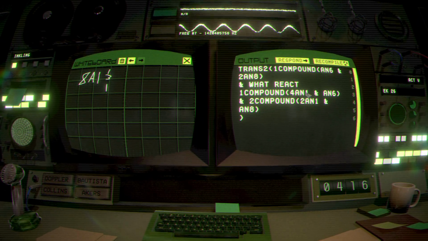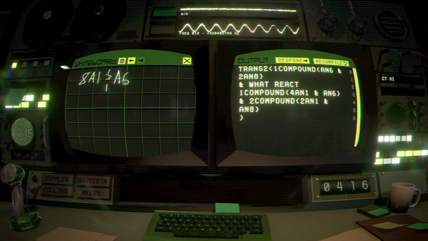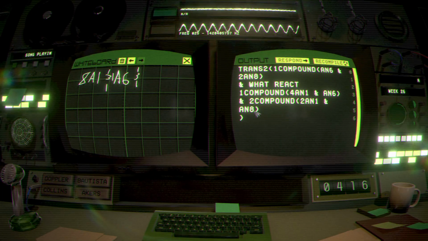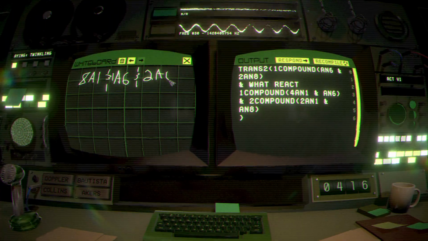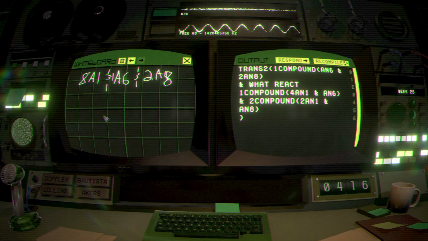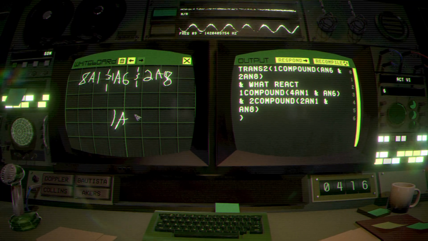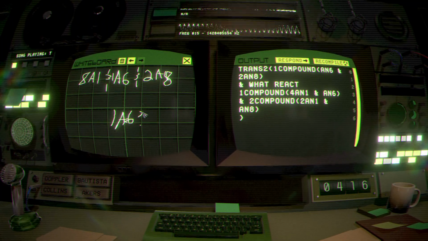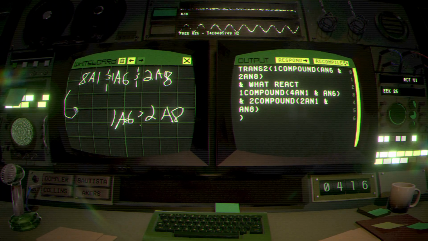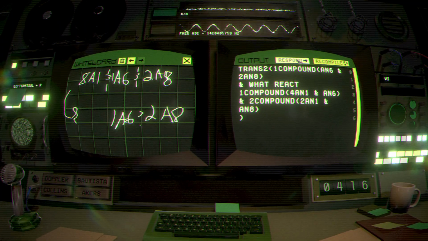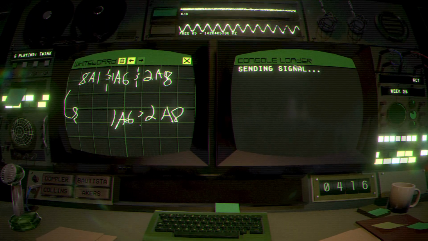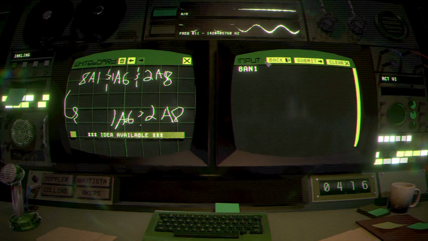And 1 AN6 and 2 AN8s. Okay, now this should make sense. Then we have 1 A6 and 2 A8s. Just need something that has 8 A1s. Can we just say 8 AN1s? No. Need a whole compound rigmarole.